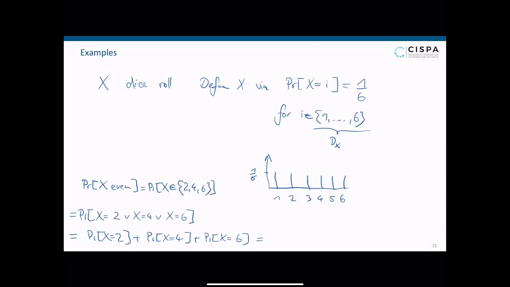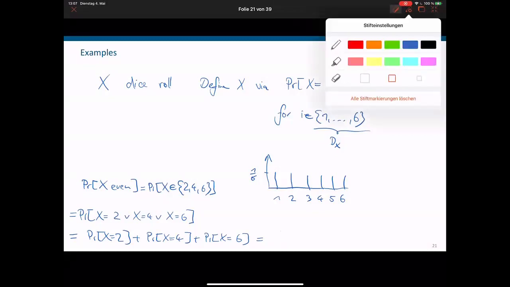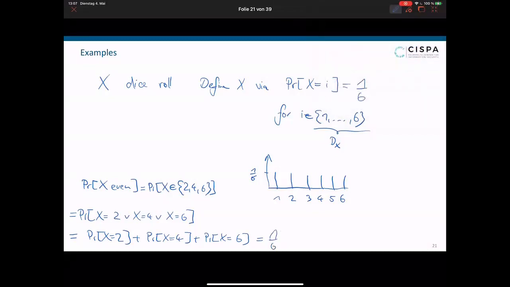And this is of course 1/2. Let's write that out. Sorry, 1/6, not 1/3. 1/6 plus 1/6 plus 1/6 is 1/2. Okay, this is really just a quick showcase of how we're going to use random variables.